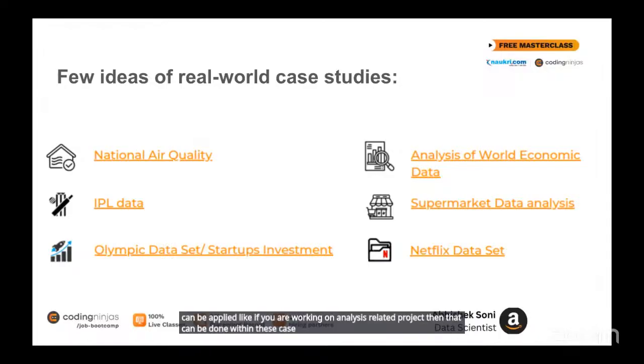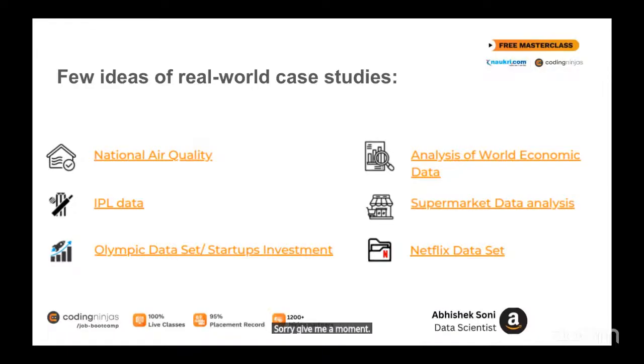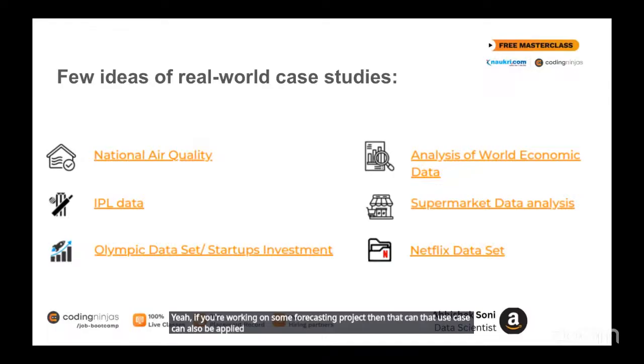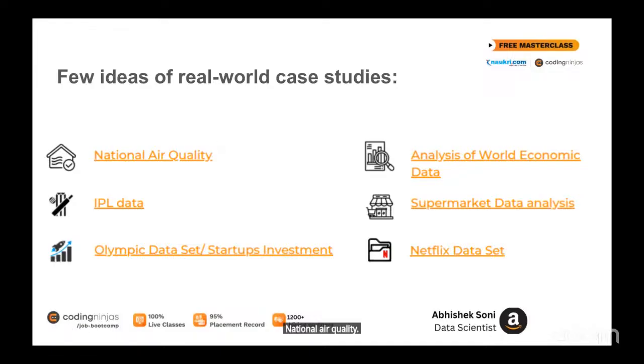If you are working on some forecasting project, then that use case can also be applied through these data sets. So, for example, national air quality. This data set is about how the air quality is within a certain region.